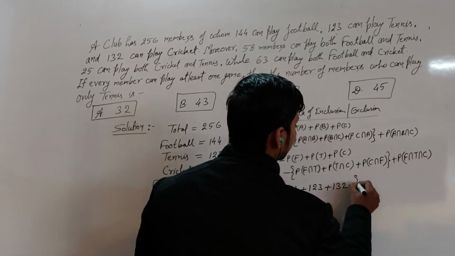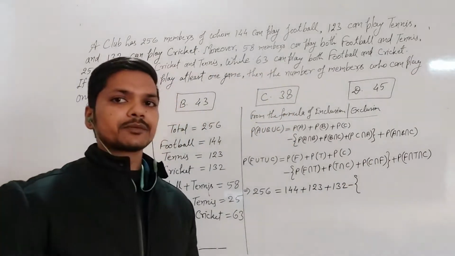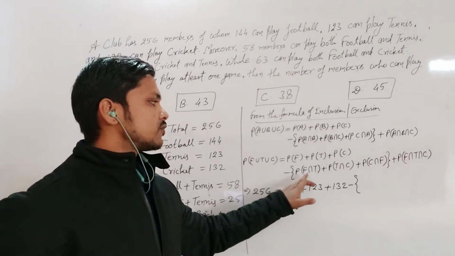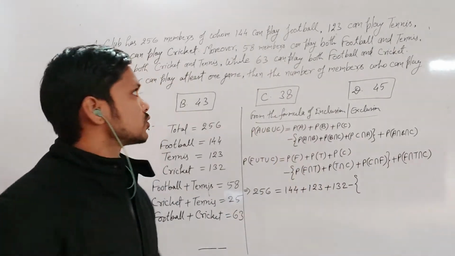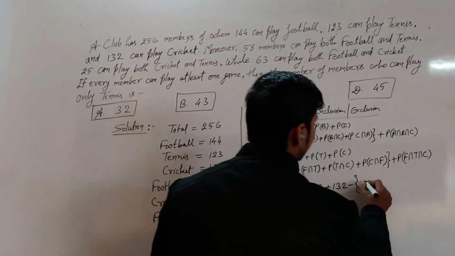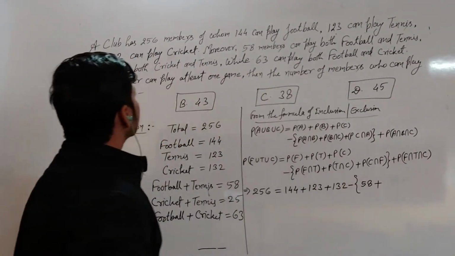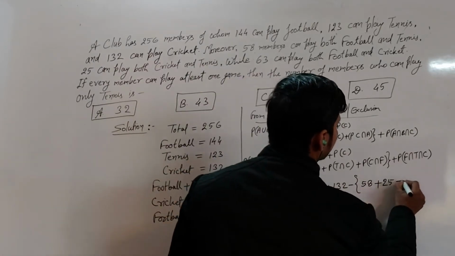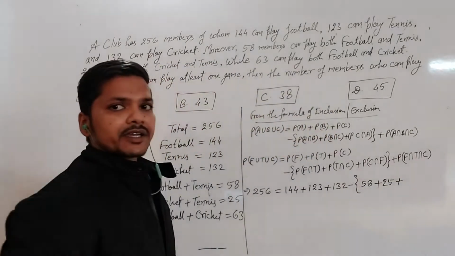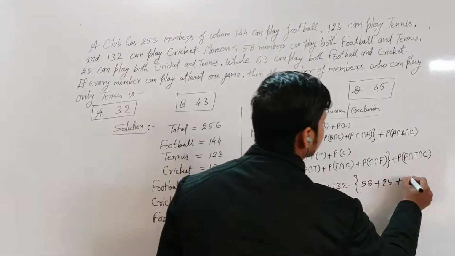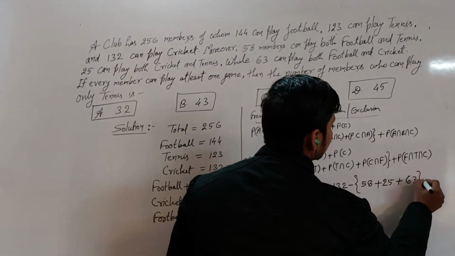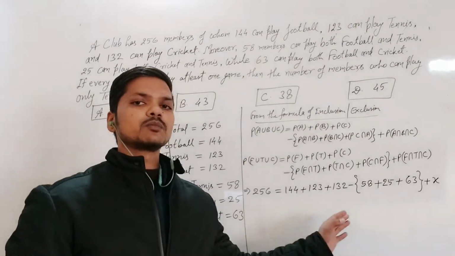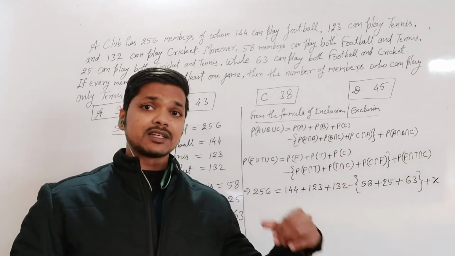Write here a minus sign with this curly bracket. Now we write those players who can play football and tennis both, total 58. For cricket and tennis the players are 25 plus, and for football and cricket the players are 63. Close this and write here plus X. X means those players who can play all three games: football, tennis and cricket.